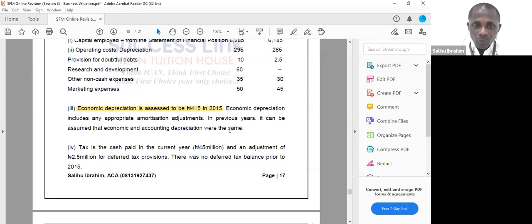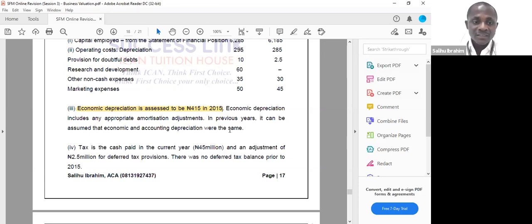Note 4: tax is the cash paid in the current year. Now, what did I say concerning tax? If you are given tax in the additional information, ignore the tax in the income statement and go with the one in the additional information.